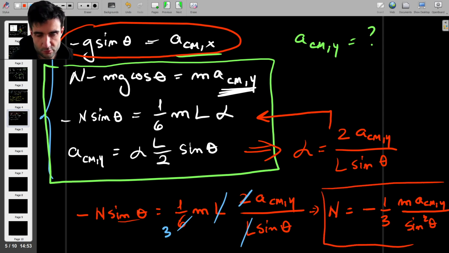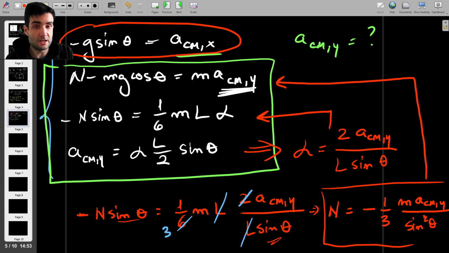Right, we moved the sine theta in the denominator, and of course we move the minus to the other side, and that's what n becomes. And now that we have this as well, we're going to put it in this equation, and that should give us a closed form of the acceleration of the center of mass in the y direction.